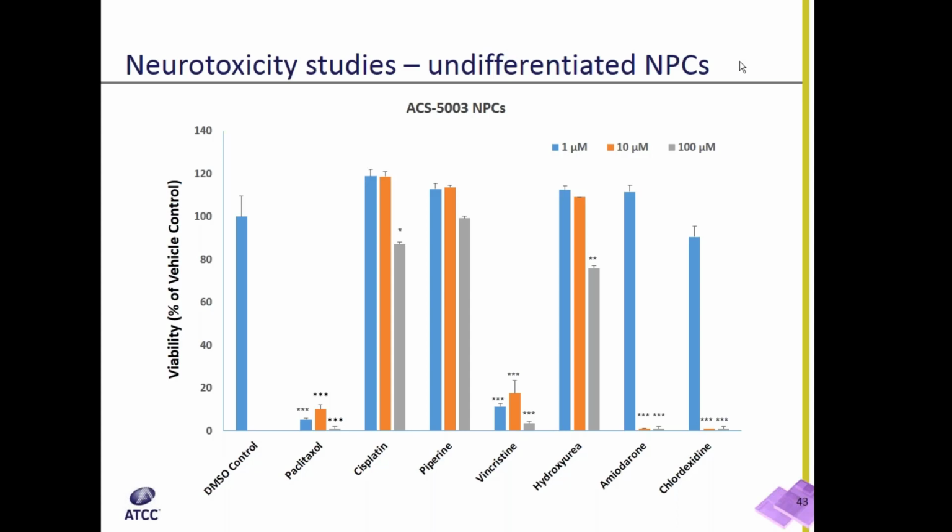In this experiment, each of the compounds except for piperine displayed toxic effects on the neural progenitor cells. Paclitaxel and vincristine had the most profound effects, which were also observed at the lowest concentration of 1 micromolar.